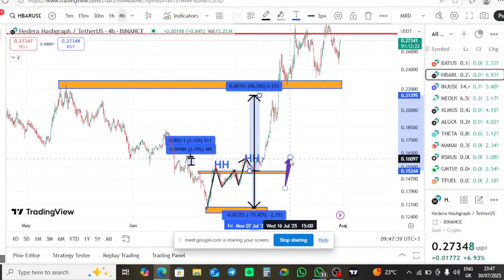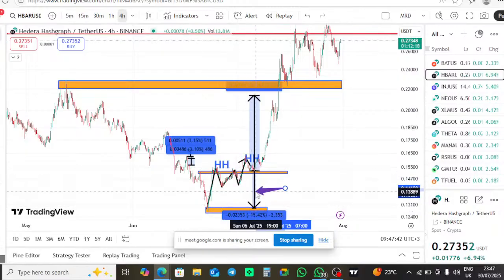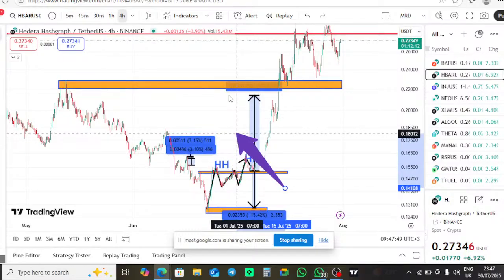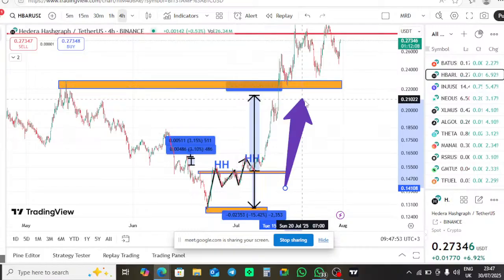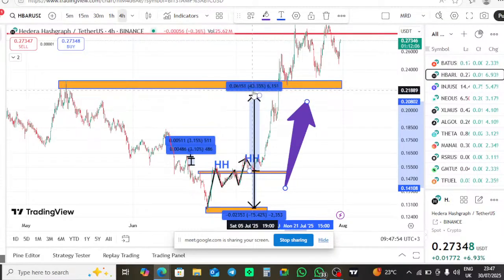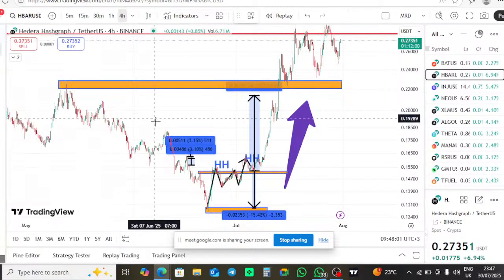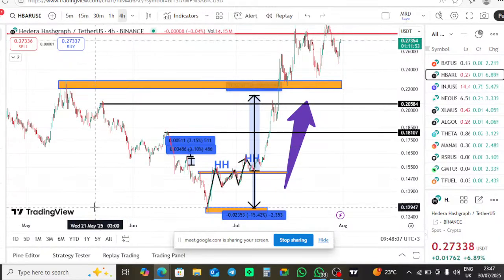Because demand is nearby, and we don't expect this market to come back to the demand zone. Instead, we expect this market to go to the supply level. But before hitting the supply level, of course, we have some smaller points that we could focus on. For example, here, this was the point. And then here, another one.